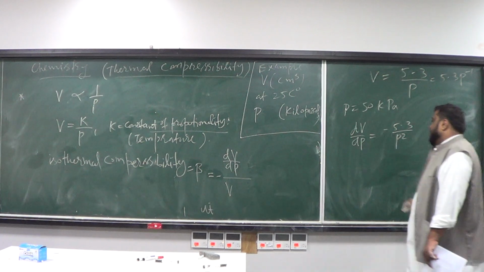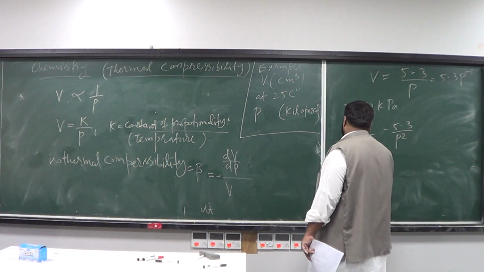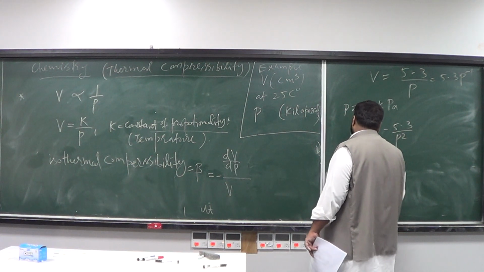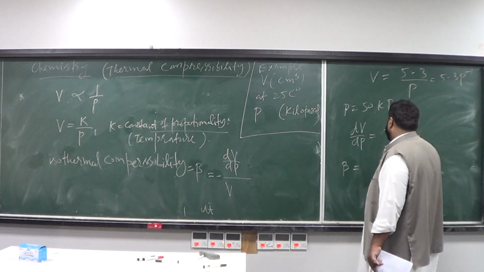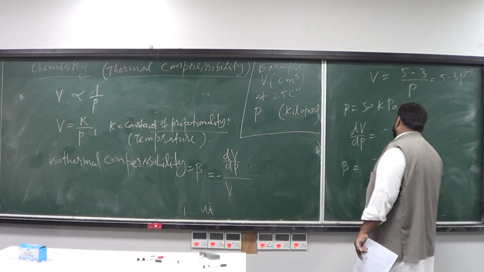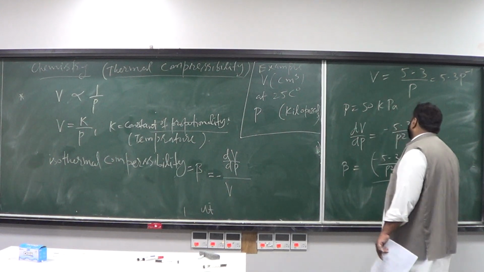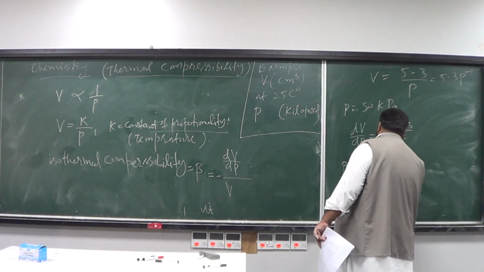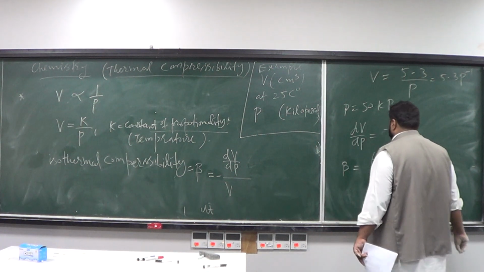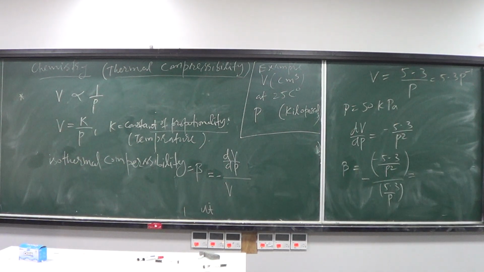So the isothermal compressibility beta is going to be minus 5.3 over P square divided by the volume, which is 5.3 divided by P, with a minus in front, and then simplify this expression.